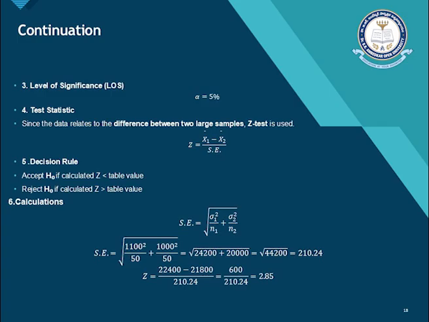Putting into the test, Z is equal to x bar 1 minus x bar 2 by standard error, that is 22,400 minus 21,800 divided by 210.24, which is 600 by 210.24, equal to 2.85, the calculated value.